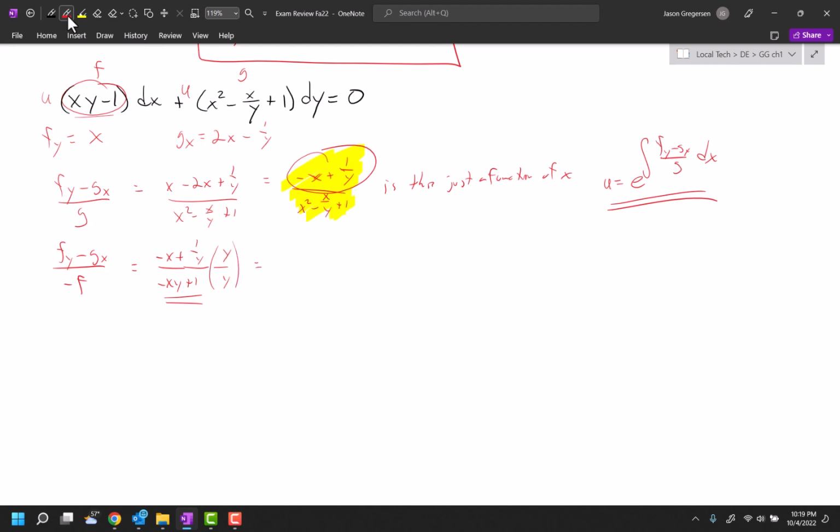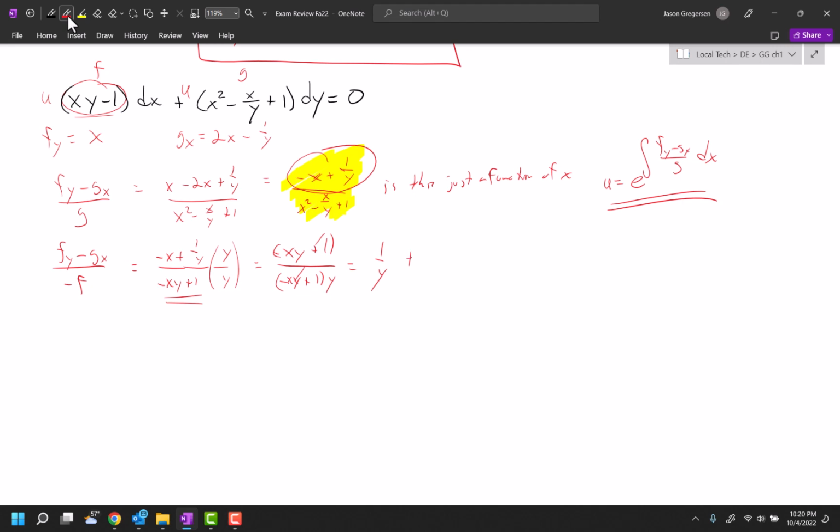If I do that, I get negative xy plus 1 in the numerator, and negative xy plus 1 all times y in the denominator. And what I see is then I can cancel these two terms. So I'm left with really just 1 over y. So it turns out that f sub y minus g sub x over negative f is just a function of y.